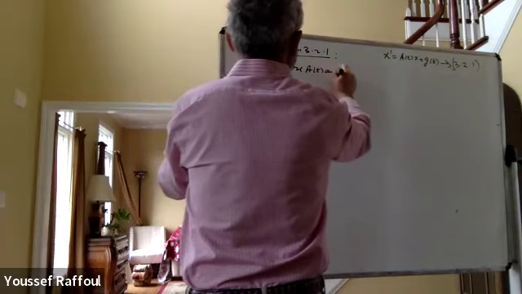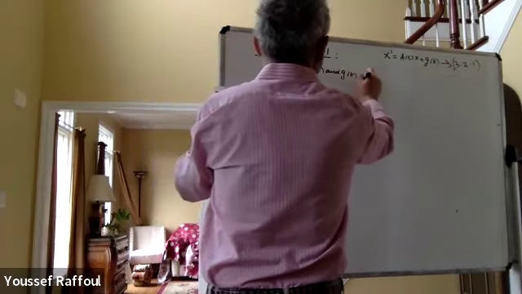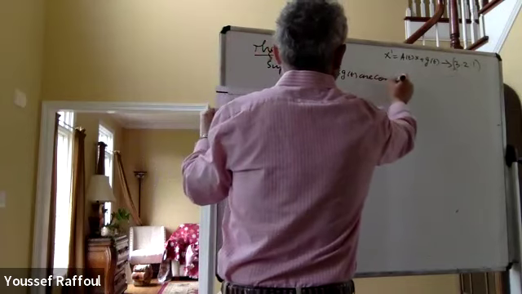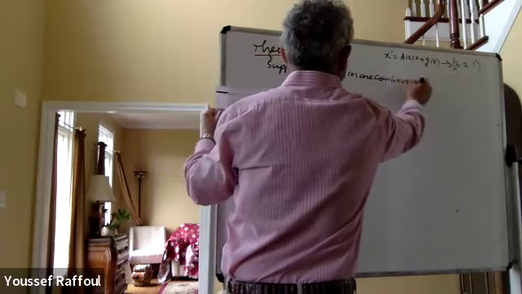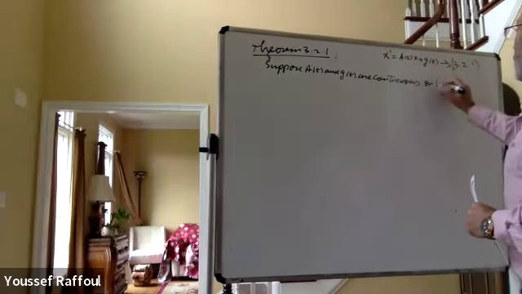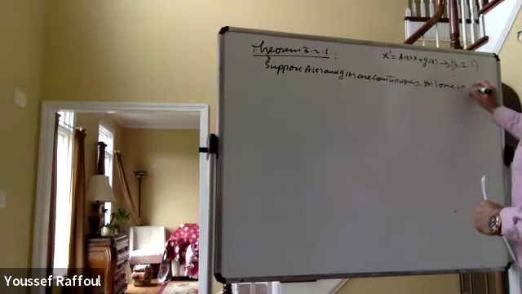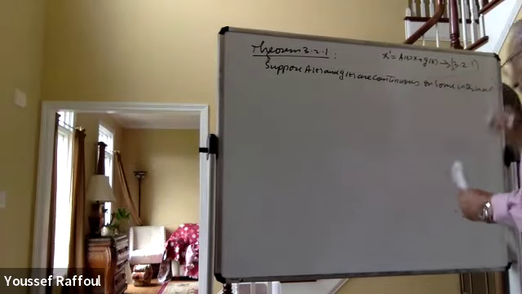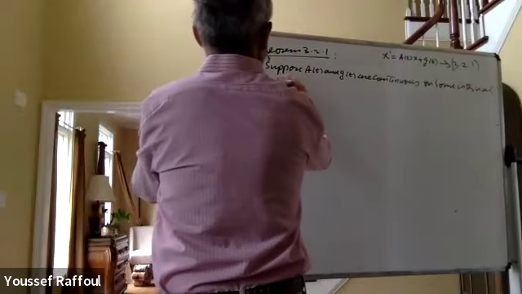All right. So suppose A(t) and g(t) are continuous on some interval a less or equal to t less or equal to b.